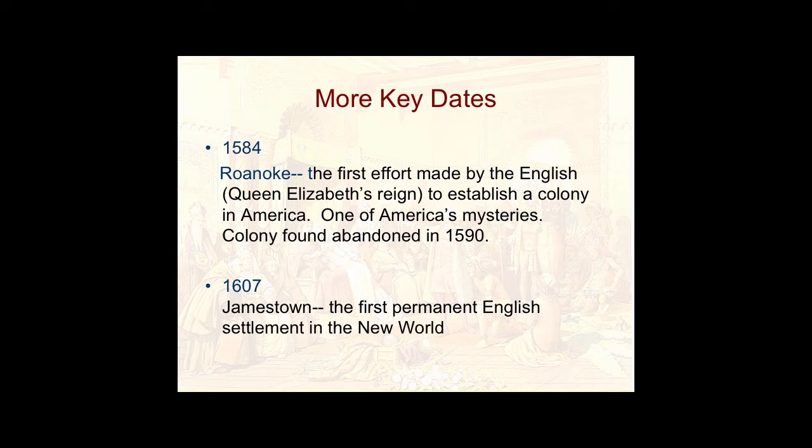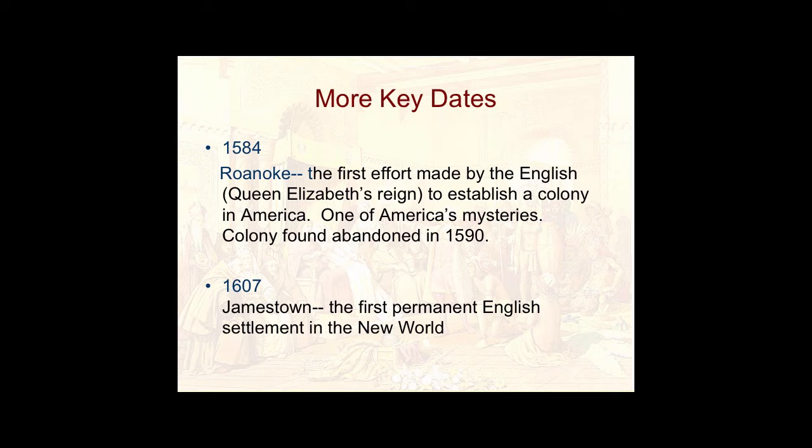But it's a very, very interesting story. Roanoke was situated off the coast of North Carolina, if I'm remembering correctly. But listen, 1607, Jamestown is the first permanent English settlement in the New World, and certainly the individual who we will read most associated with Jamestown is Captain John Smith.